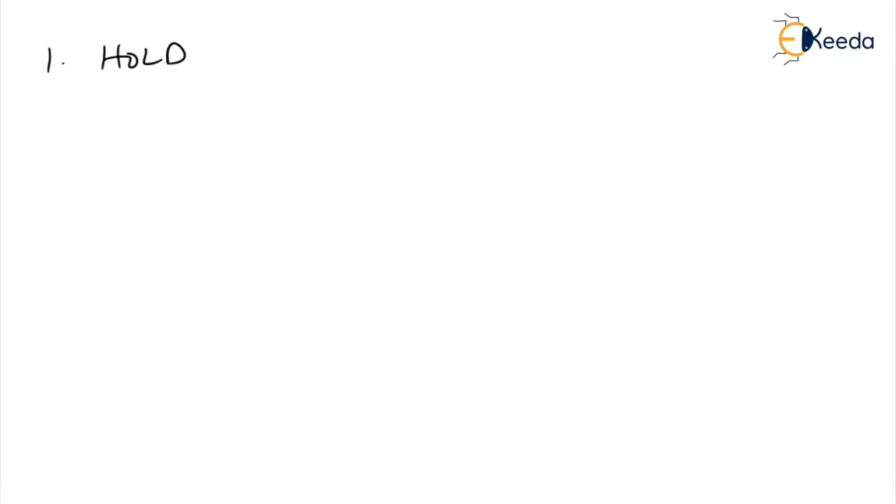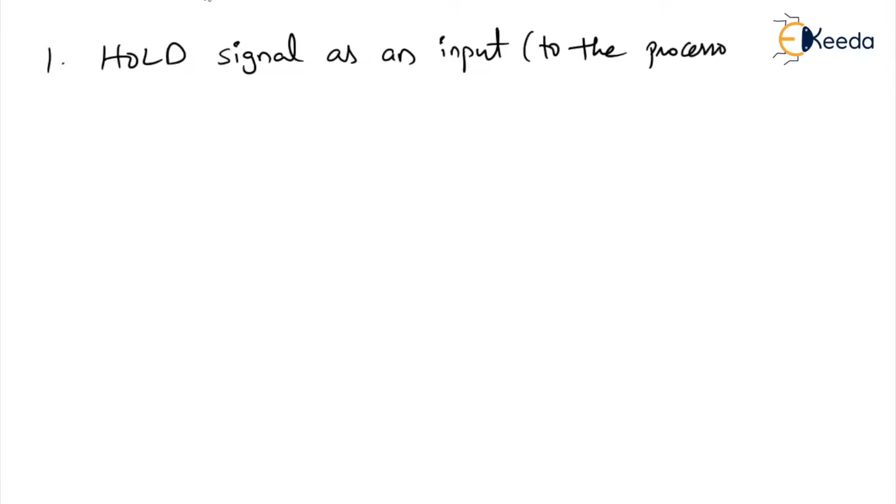The hold signal, as an input to the processor, is used to request a DMA action.